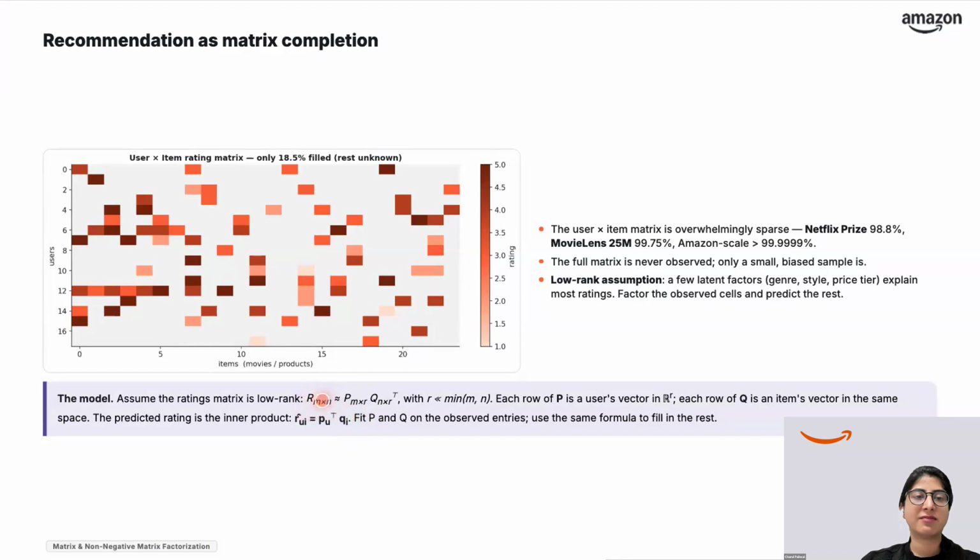Now, what we do is, we have a user matrix P and an item or movie matrix Q, and we try to factorize R into P and Q using whatever available samples we have. Once we have those factorized matrices, we can take the dot product and fill in the rest of the entries in this matrix.